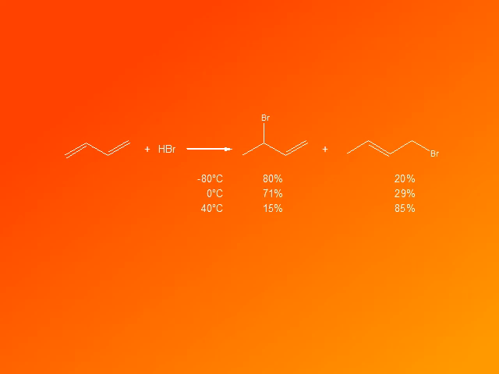This reaction was done in dichloromethane, and at 40 degrees, boiling point of dichloromethane, that means the highest possible temperature at which we could do the reaction, the results are reversed. So at 40 degrees Celsius, we get only 15% of 1,2 addition or kinetic product and 85% of 1,4 addition product or thermodynamic product. So we can control reaction conditions to get kinetic or thermodynamic product.